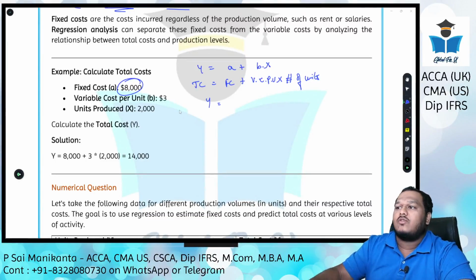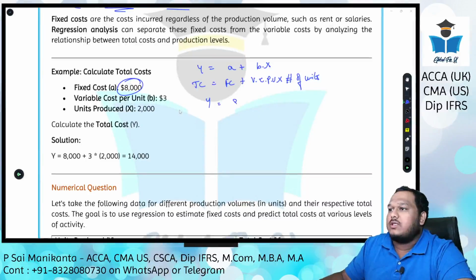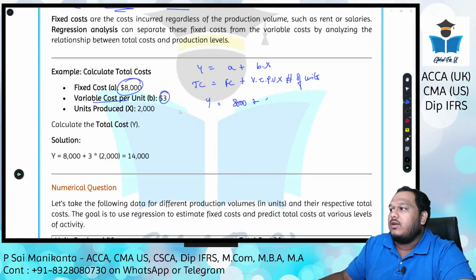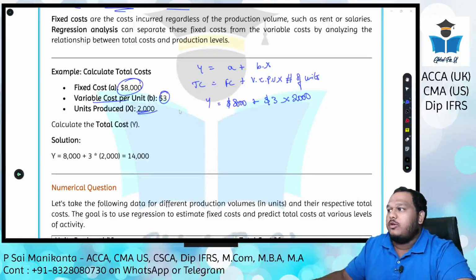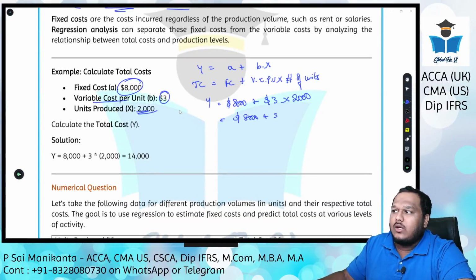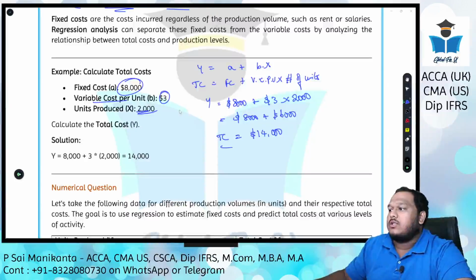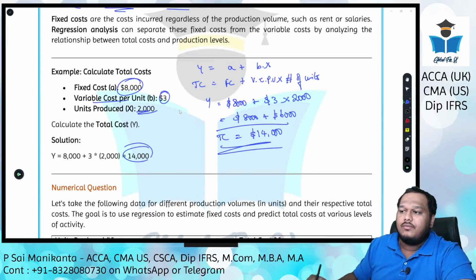So total cost y is equal to fixed cost 8,000 plus variable cost per unit, given as $3, into 2,000 units produced. So 3 into 2,000 is 6,000. 8,000 plus 6,000 is 14,000. So total cost is equal to 14,000, right?